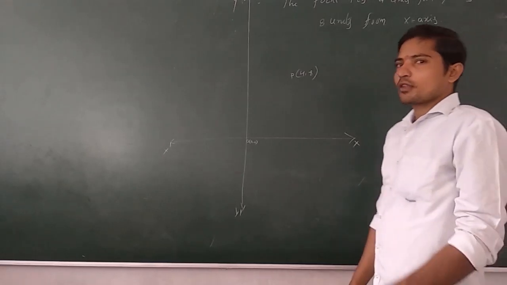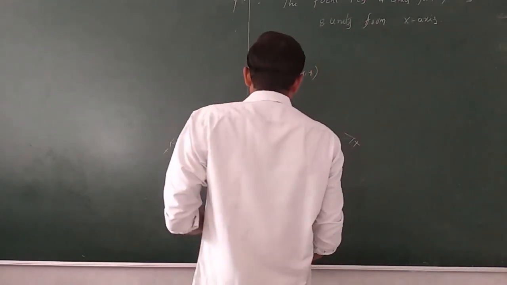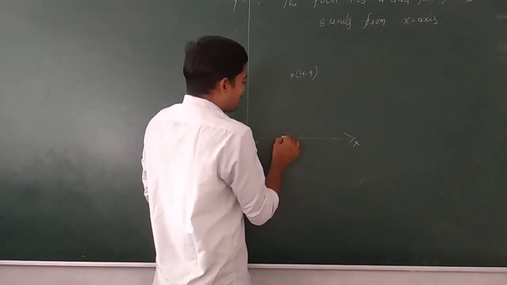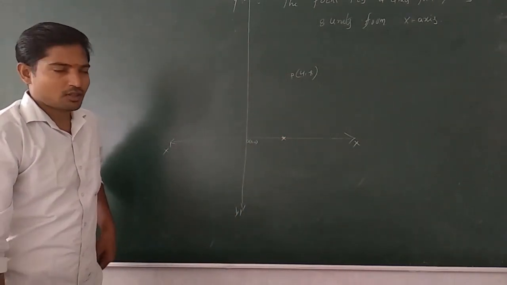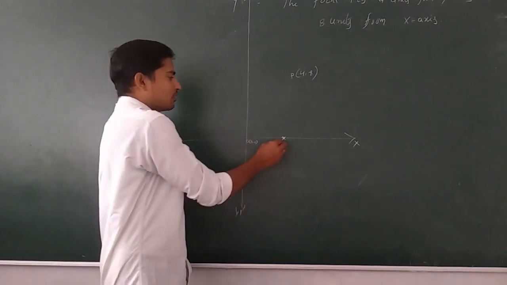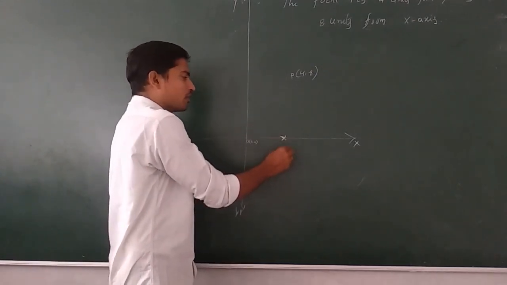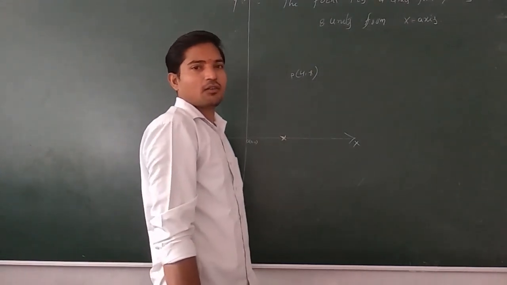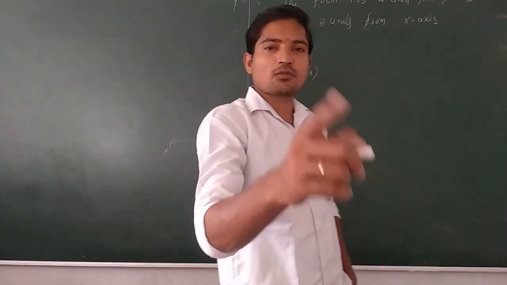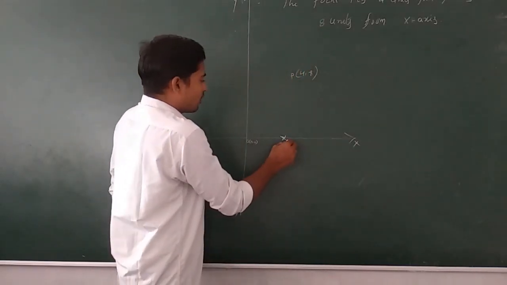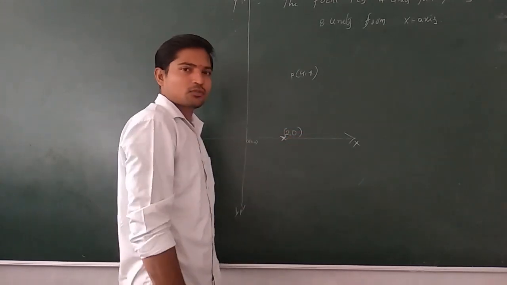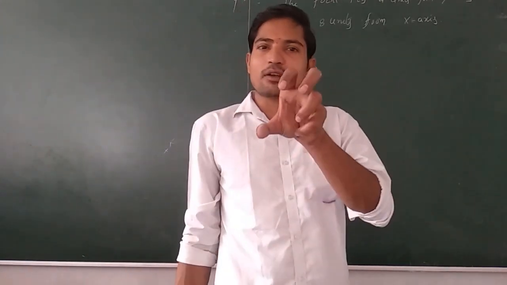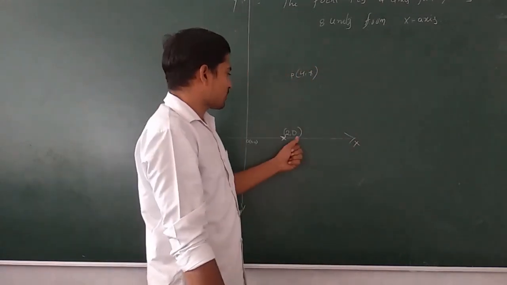Clear? Like that. Suppose I take a point here. The point which lies on x-axis, then we have only the x coordinate and the y coordinate will be 0. Suppose (2, 0). This is the form of a point on x-axis, (2, 0).